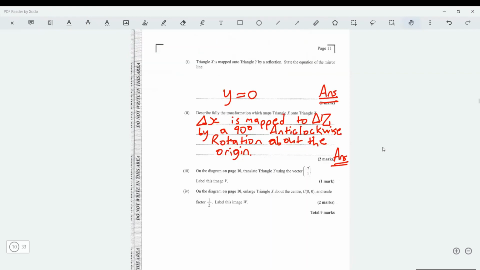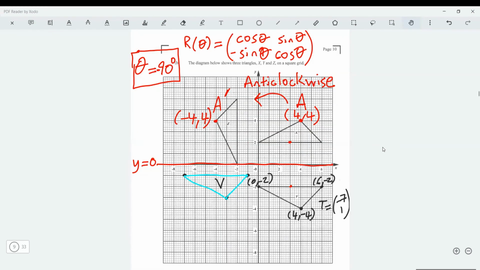Nice. Now the next part says on the diagram, enlarge triangle X about the center by a scale factor of a half and label it as W. Now this triangle X, we need to enlarge it by a half. Enlarging it by a half, meaning each point, we're going to multiply by a half.